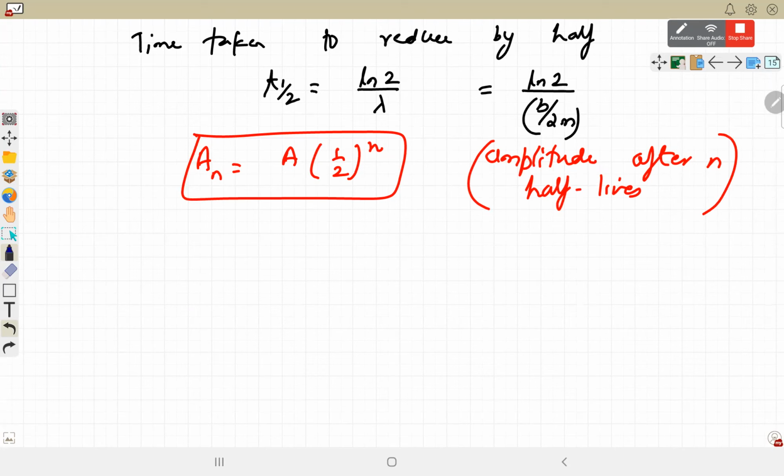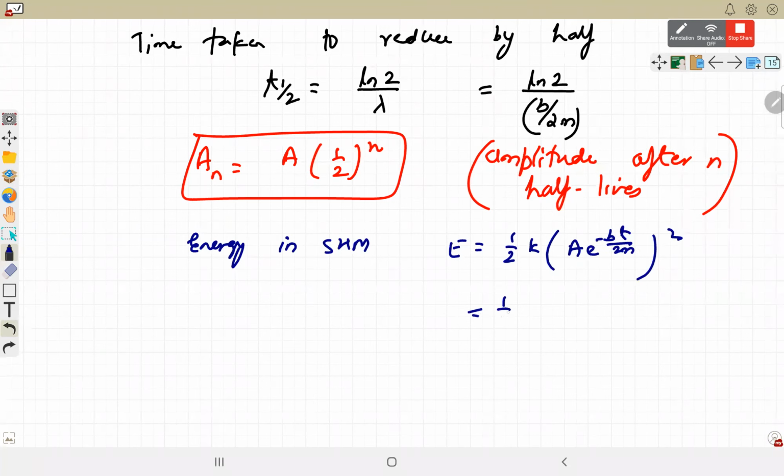Okay, so energy of SHM was half Ka square or half m omega square a square. Since the amplitude is decaying with time, amplitude is a e raised to power minus bt by 2m. The energy will also reduce: half Ka square e to the power minus bt by m.